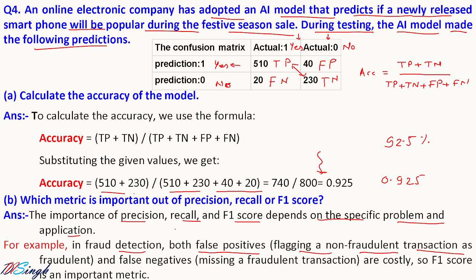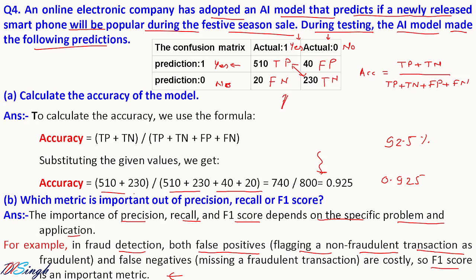If your system says a good, legal transaction is fraudulent, there is a problem, because you need to check it out. And a missed fraudulent transaction is also costly, because it might be associated with terrorism or drugs. So in that case, F1 score is the most important metric, because it creates balance between precision and recall.